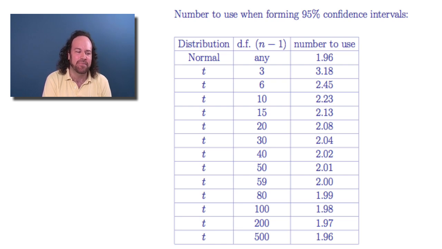But as you go up to 6 or 10 or 15 or 20 degrees of freedom, it's getting pretty close to that 1.96. By the time you're up to 59 degrees of freedom, which is what we have here, it turns out to be exactly 2.00 as the number you need instead of 1.96, just a little bit larger. And as the number of degrees of freedom get larger and larger, it gets closer and closer to that same 1.96 as for the normal.